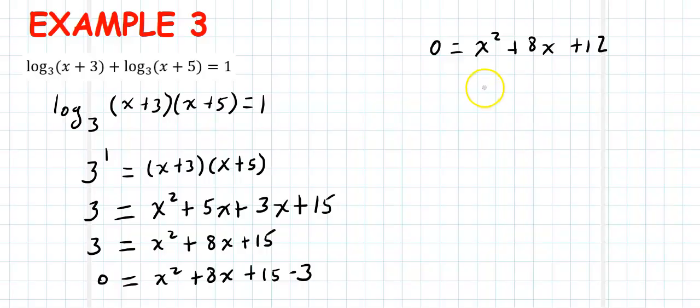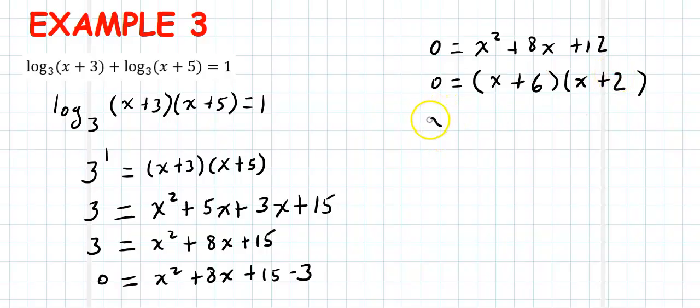And now we are going to factor the polynomial. In this case, we have x plus and x plus. And we are going to find two numbers that multiply to 12, but the addition is 8. In this case, 6 and 2.